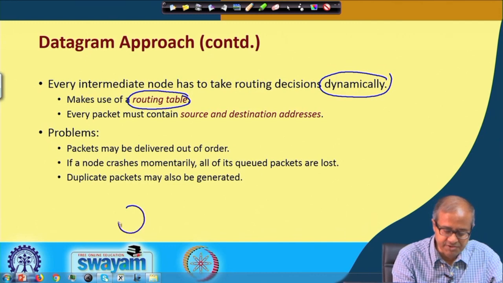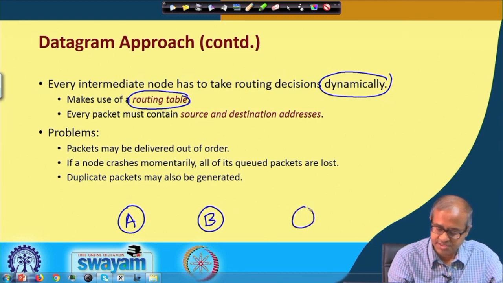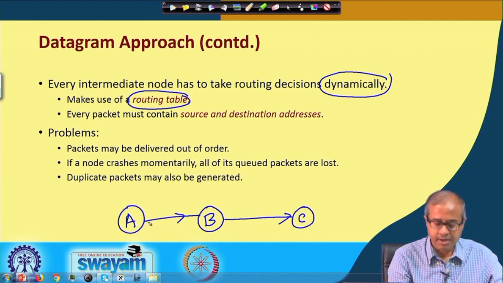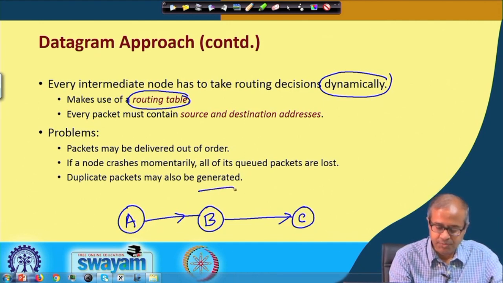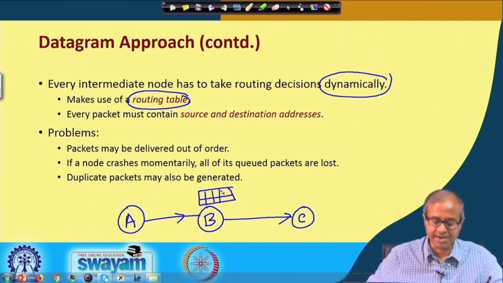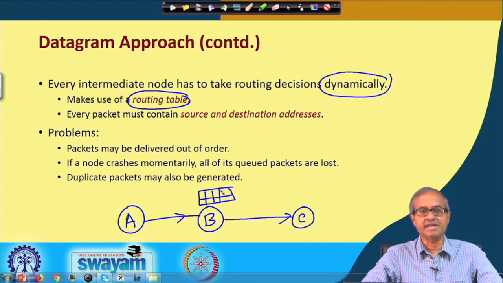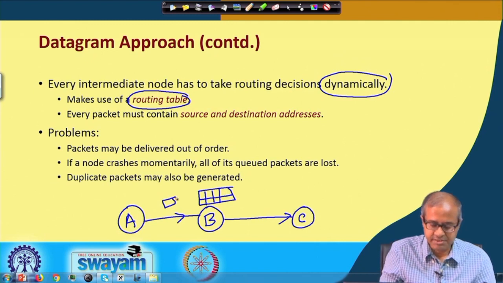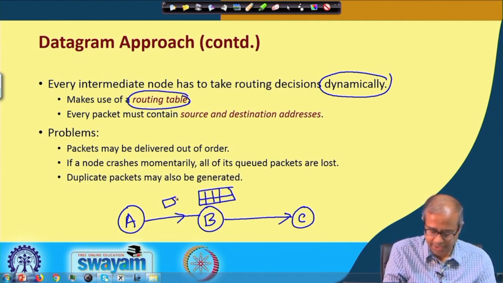Think of a scenario where there is a node A, a node B and a node C. You are sending data from node A to node B and then from node B to node C. Now, this node B will be maintaining a table that contains relevant information, such as where an incoming packet has to be forwarded to.